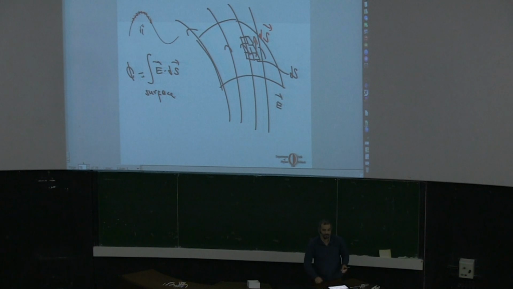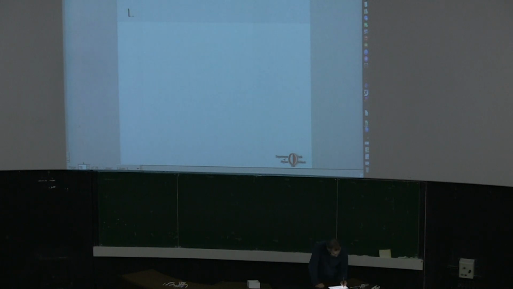Now let's do some examples. Then probably it will be more clear. Now let's just assume that somewhere in space we have an electric field which has this shape.